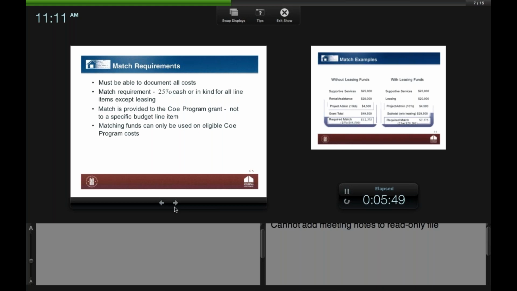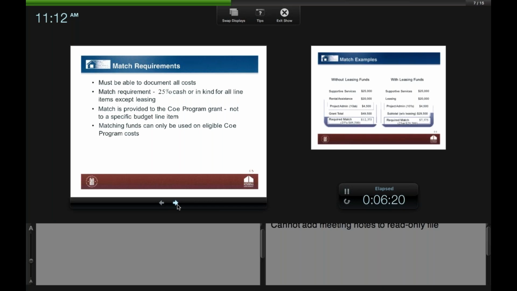And in the SHP, it was 20 and 25% respectively for support services and operational cost. However, under the COC program, the match is 25% of your grant directly from HUD, and particularly for all budget line items except leasing. And we will show an example of that.